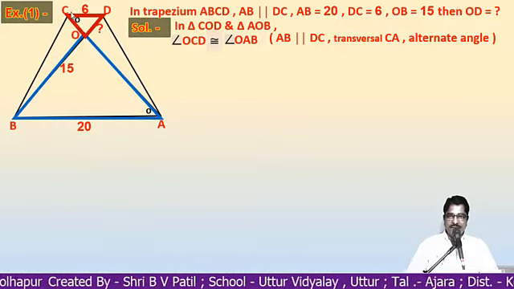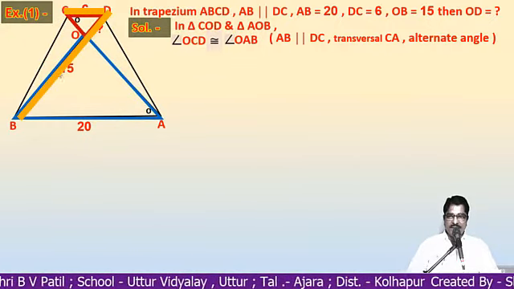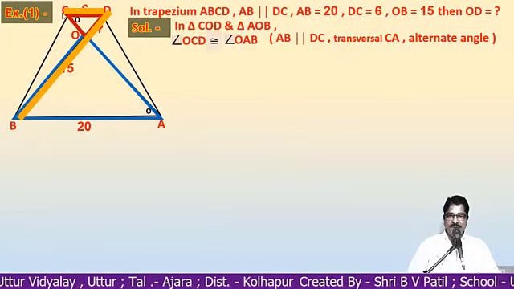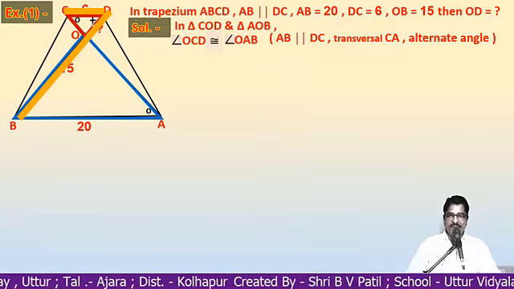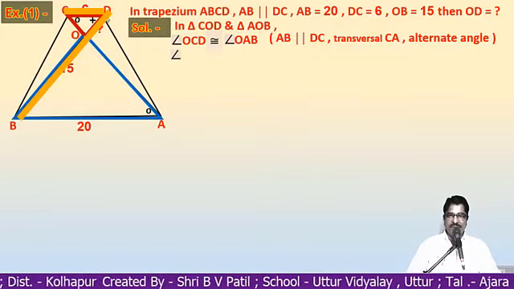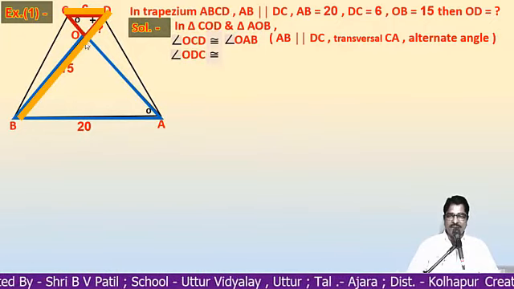Then this parallel side CD and another transversal DB join at which point? That is point D, means angle ODC is congruent.